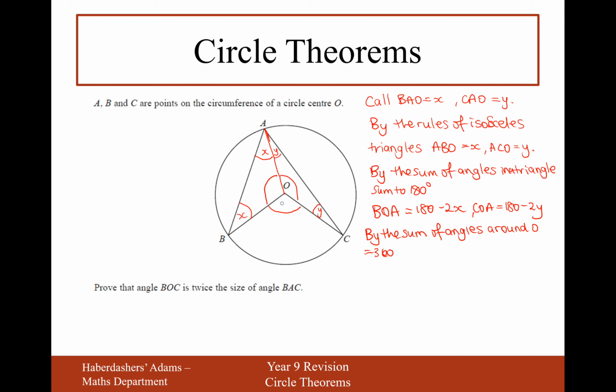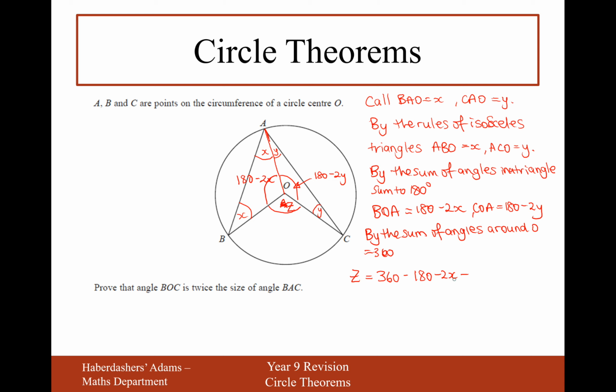We know that if we call this angle, let's use angle Z down here, then Z is going to equal 360 minus 180 minus 2x, because that's what this angle here is, 180 minus 2x, and this angle here is 180 minus 2y.